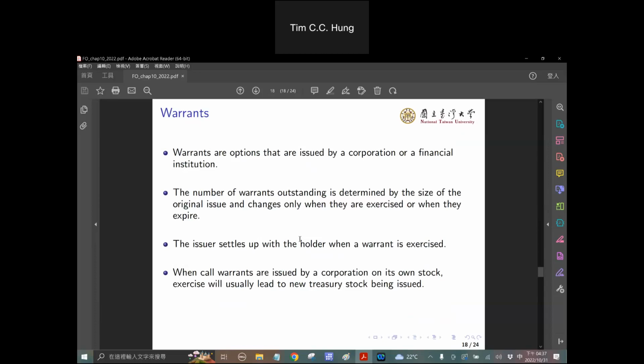First, they are underwritten by the company of the stock themselves. And in addition, when you are the holder of a warrant and you exercise it, it creates new shares of the company. Those are the only two big differences of warrants from typical stock options.